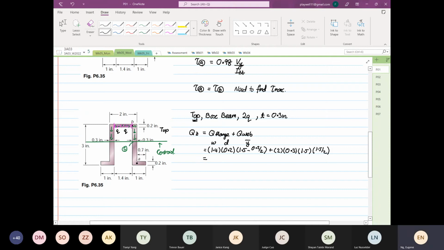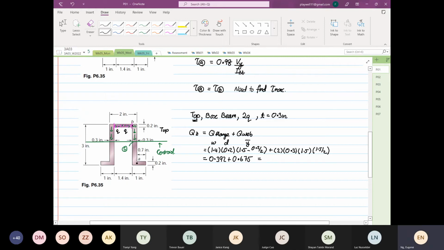So this will be equal to 1.5 minus 0.1 times 0.2 times 1.4, 0.392, plus 2 times 0.3 times 1.5 times 1.5 divided by 2, 0.675.